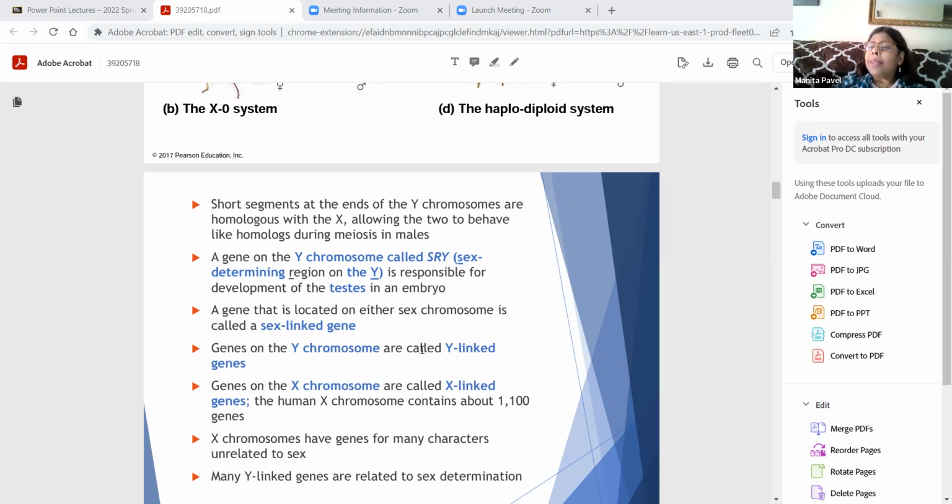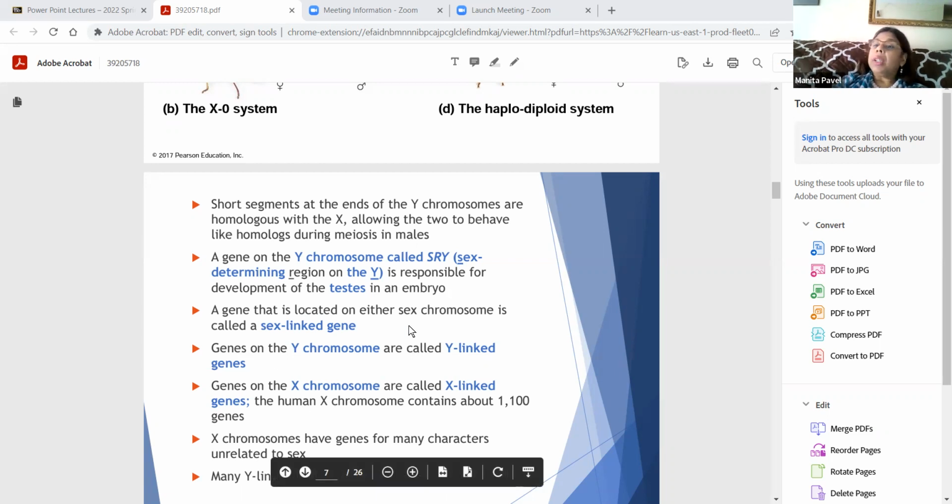A gene that is located on the X chromosome is called an X-linked gene. The genes located on the Y chromosome are called Y-linked genes. And a gene that is located on either the X or the Y chromosome is referred to as a sex-linked gene.